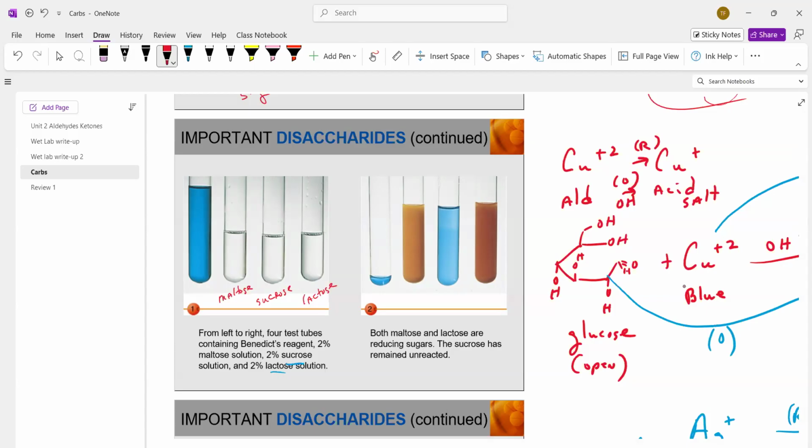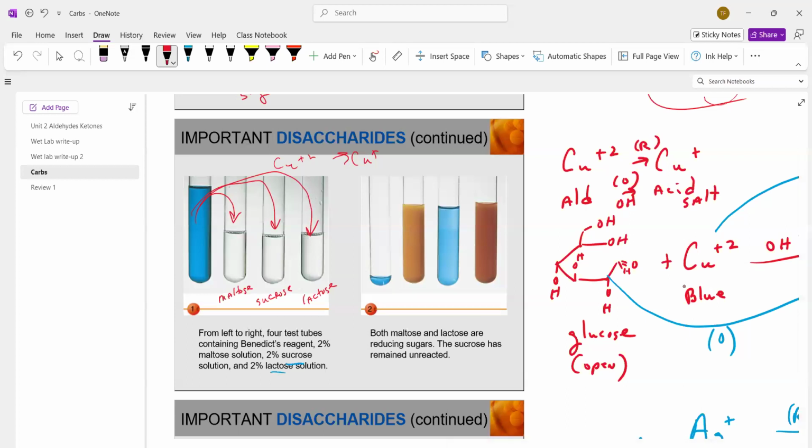So when we dump those in, what we end up with is copper going from, remember, copper plus 2 goes to copper plus 1 during Benedict's solution. That means that's reduced.